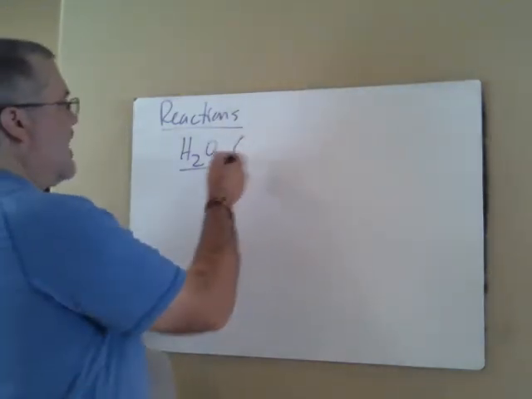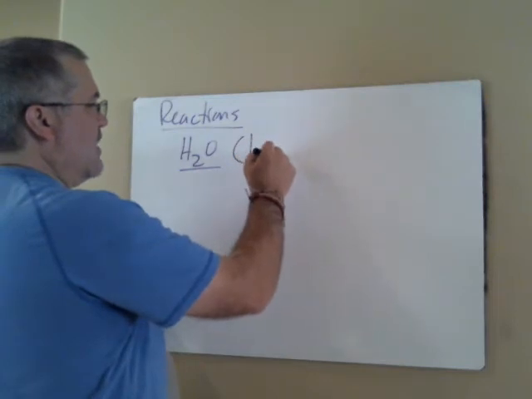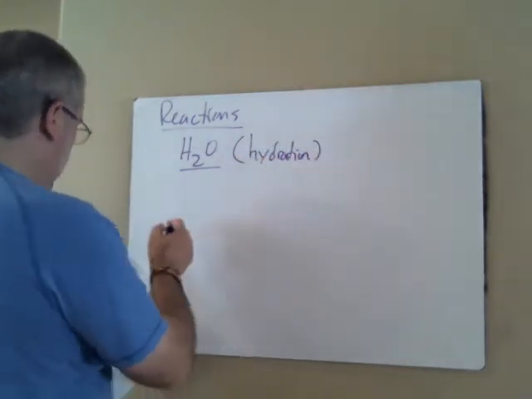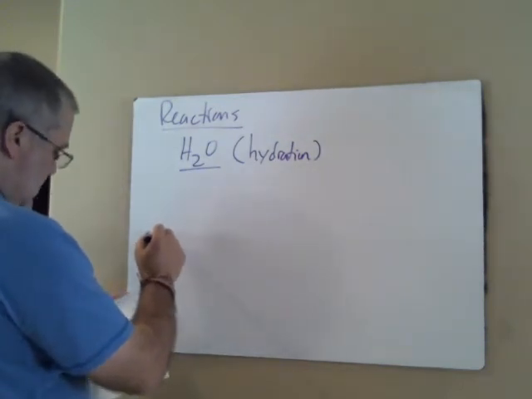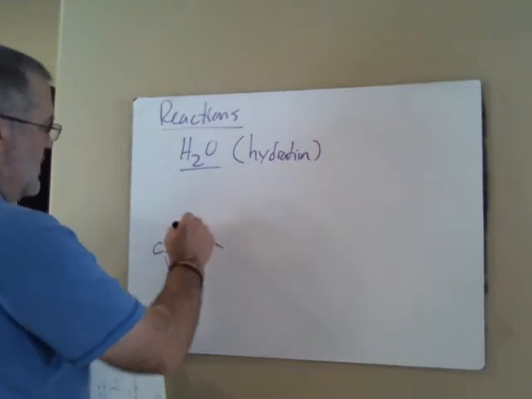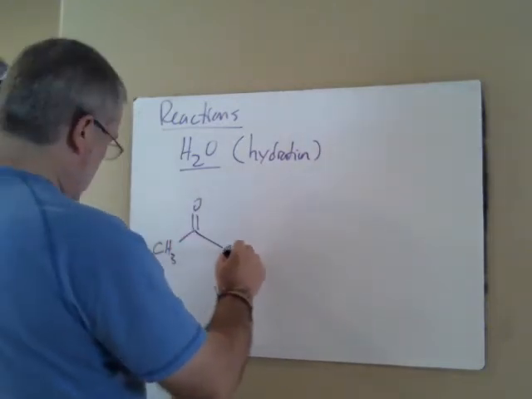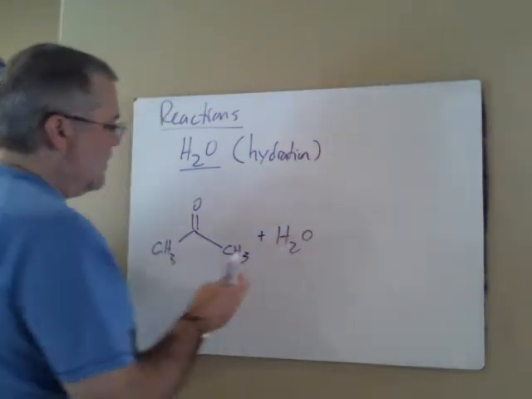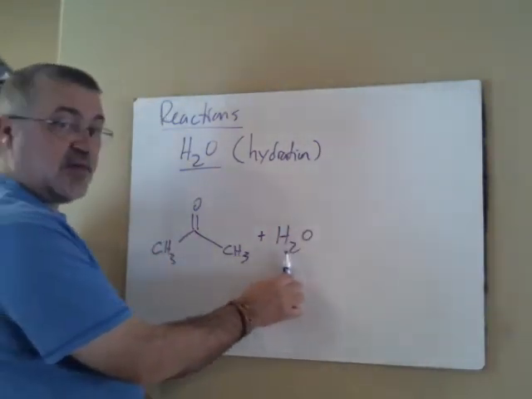So if you're reacting water with an aldehyde or ketone, it's just a hydration reaction. And so let's start by looking at what would happen if you had a ketone like this, and we're going to react it with water. So here's my ketone, here is my nucleophile.